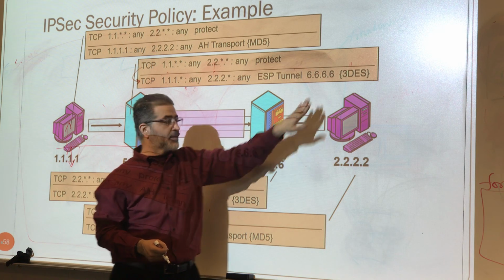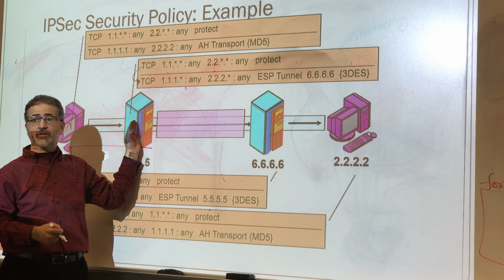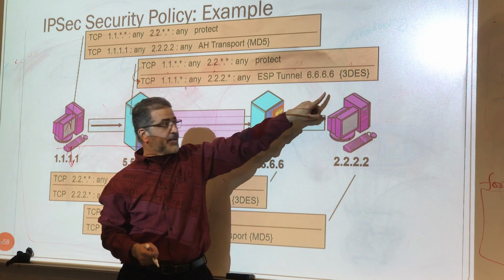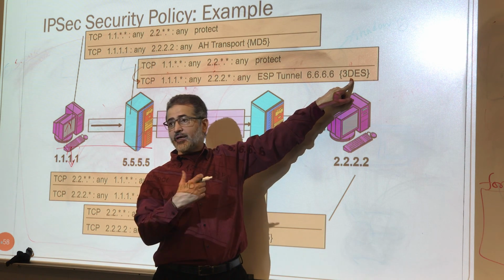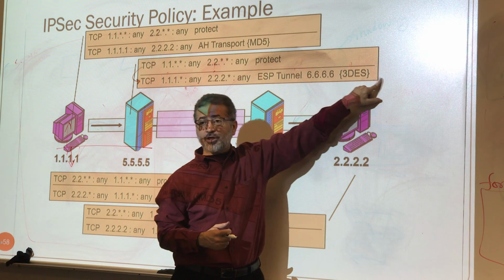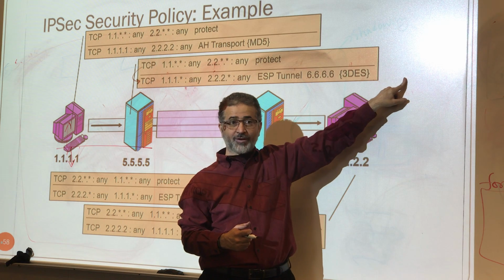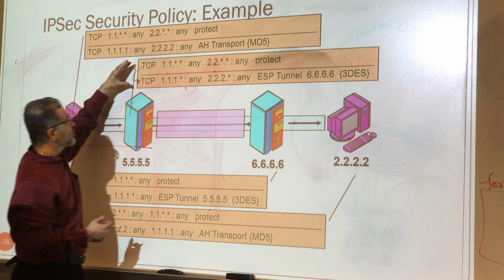Who's the destination of the tunnel? So who's the peer that carries the tunnel from the other end? 666. And then you say what encryption algorithm you will use here. Triple DES, you can use AES, you can use whatever. And you can specify the keys, 512, 128, you can specify all of that. Very flexible. Okay?